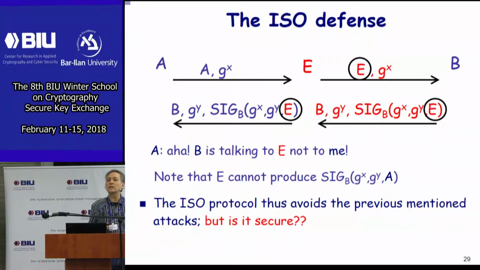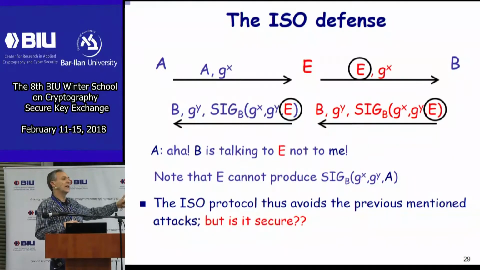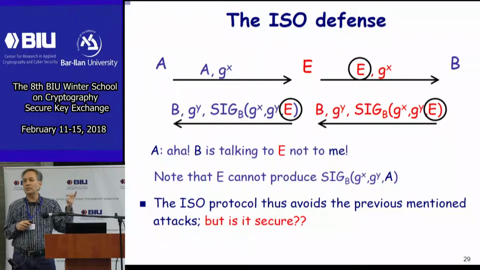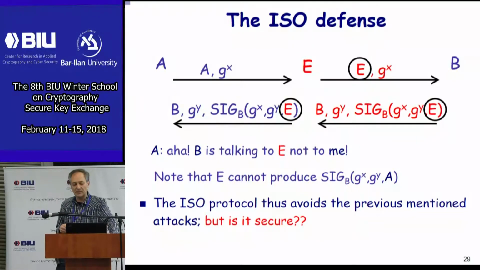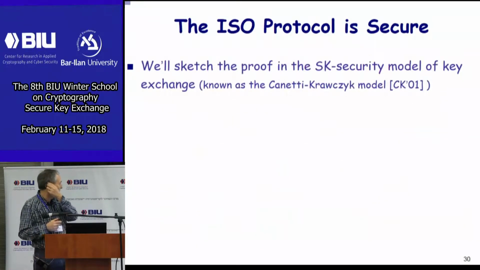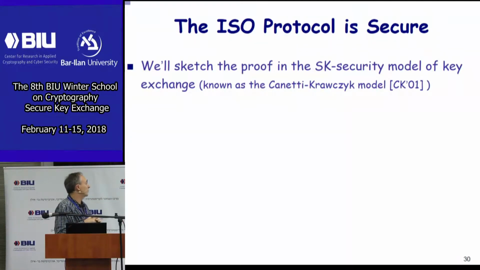And the question now is, I showed you a couple of attacks on the previous versions of the protocol, and this actually solves the identity misbinding attack, the way I showed it. But is it secure? Maybe what is the next attack? In order to answer that question, we actually need to develop a security model. Actually, there is a proof of this protocol in one of the models of key exchange that I will talk about.